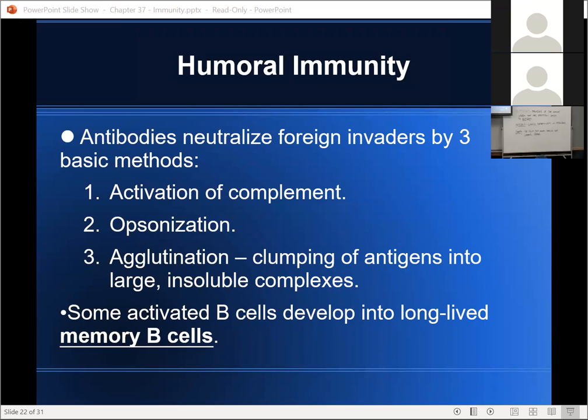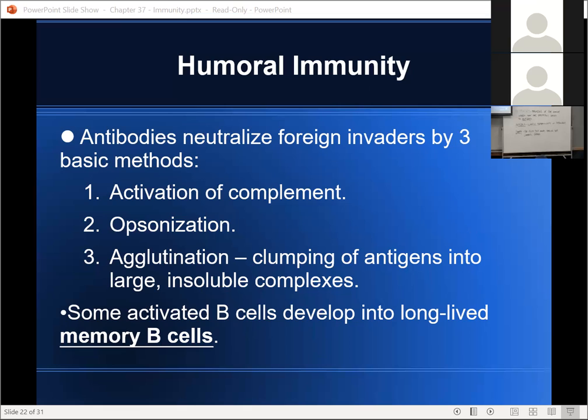All right, so how do these sticky proteins, how do these antibodies actually neutralize or kill foreign invaders? There's 3 ways. Activation of complement. Certain types of antibodies, IgG in particular, fix complement to the surface of the bacteria.